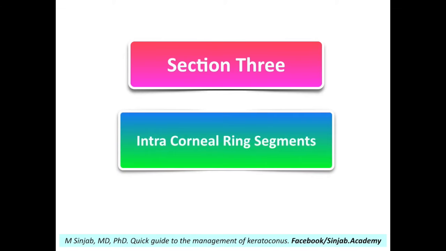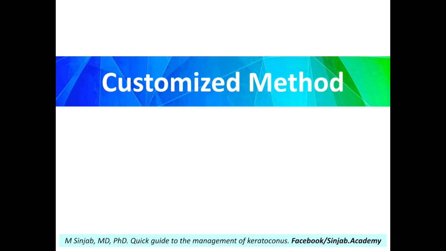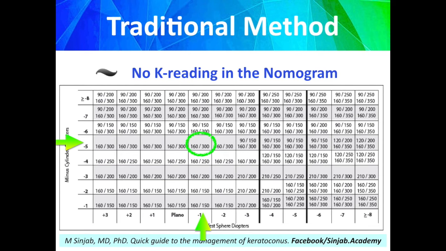Section 3. Intracorneal ring segments. The customized method. First, I will present why I shifted to the customized method. First, because K readings are not included in the nomogram in the traditional method.